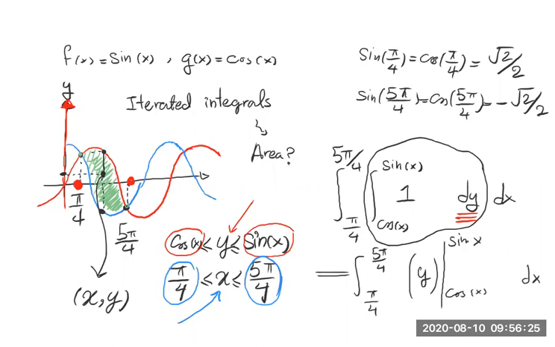Let's look at another example. Let's just look at one more example of this thing. Suppose we have the function f of x equals x squared and g of x equals square root of x.